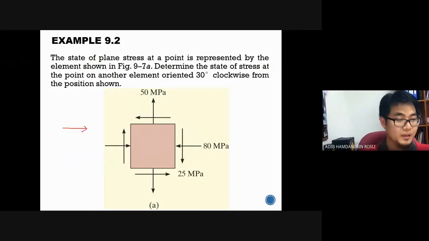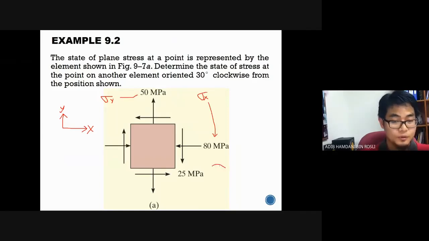You have to understand x going to the right, y going up, isn't it? Your sigma x is this, but the value is negative. Your sigma y is this, and the value is positive.